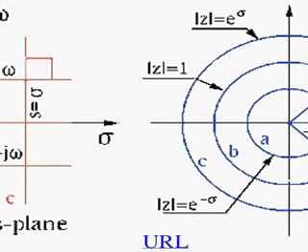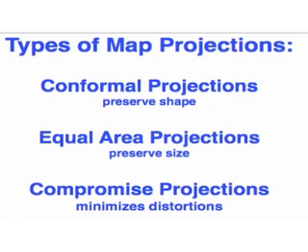Now, basically, there are three kinds of maps that are produced by the mathematical process, which we call projection. So it's kind of an imaginary projection of the Earth's surface onto a flat map. And they are maps that preserve angles. This map type is called a conformal map. Or there are map types that conserve size.